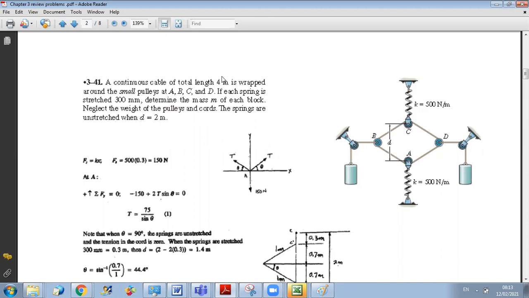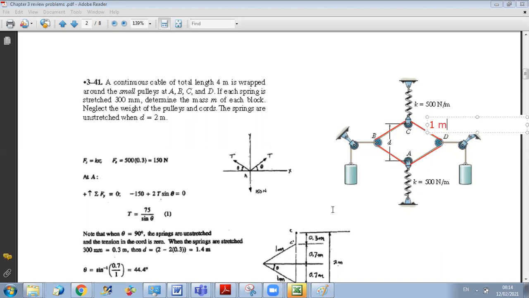So what do we have here? As you can see here, you have one cable that is rounded over 4 pulleys, and in total the length of the cable is 4 meters. So here, due to symmetry, each segment will be equal to 1 meter. So we know here that each part will be of 1 meter.